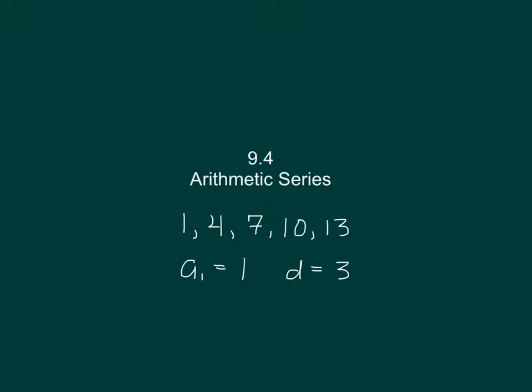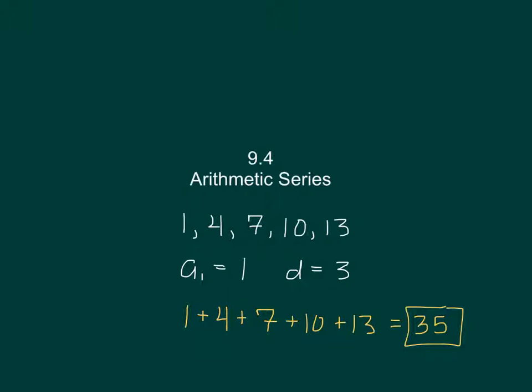That is a sequence. What a series would be is you take that sequence and you add up 1 plus 4 plus 7 plus 10 plus 13. What is that? 35.